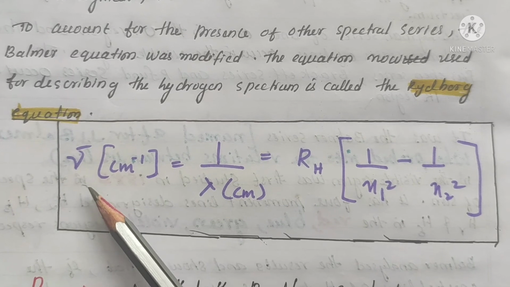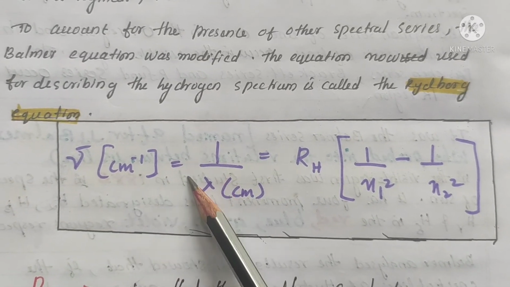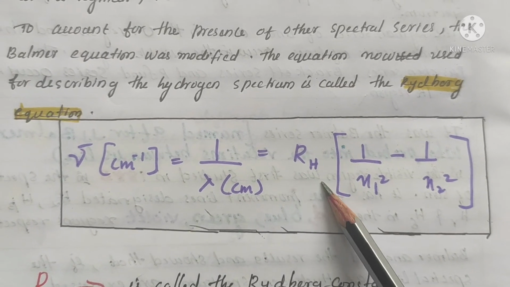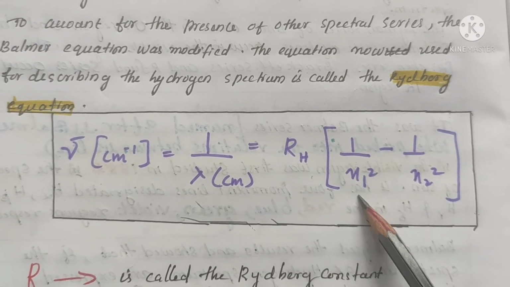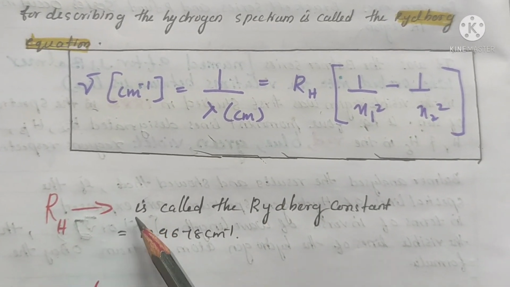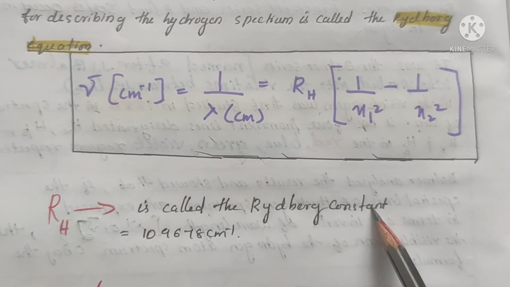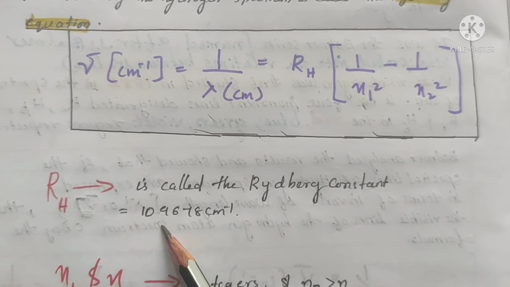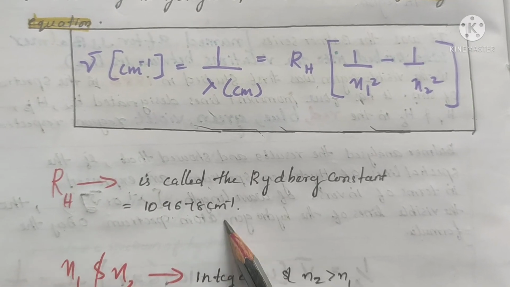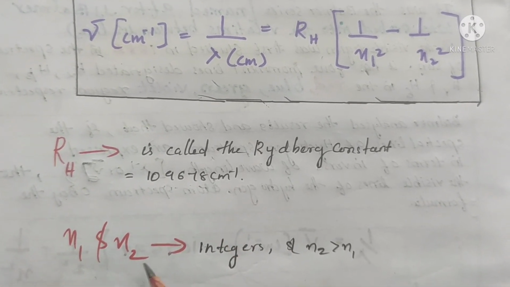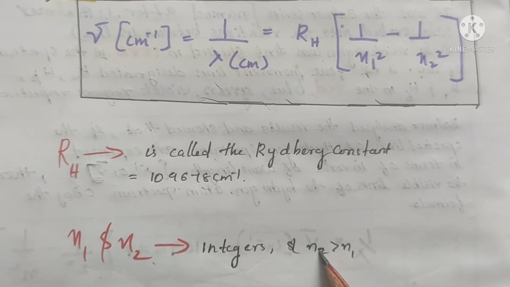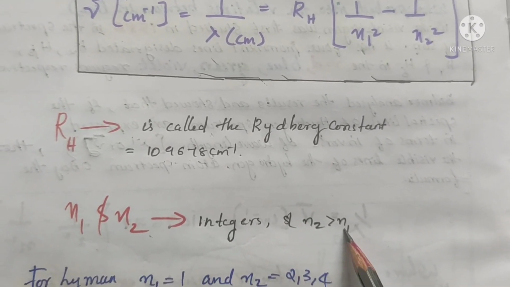The Rydberg equation is nu bar equals 1 by lambda, which is equal to RH into 1 by n1 square minus 1 by n2 square, where RH is called Rydberg constant and the value of RH is 109,678 centimeter inverse, and n1 and n2 are integers where n2 is greater than n1.